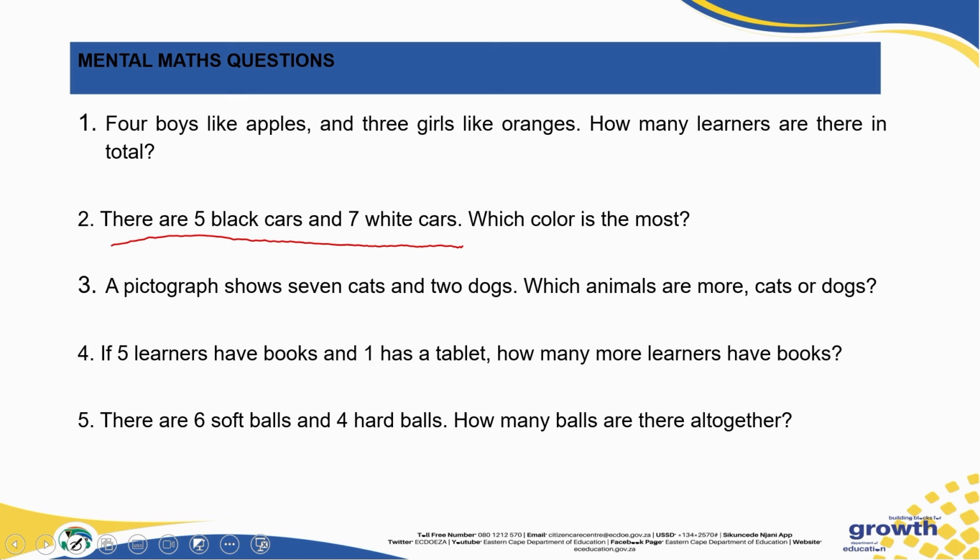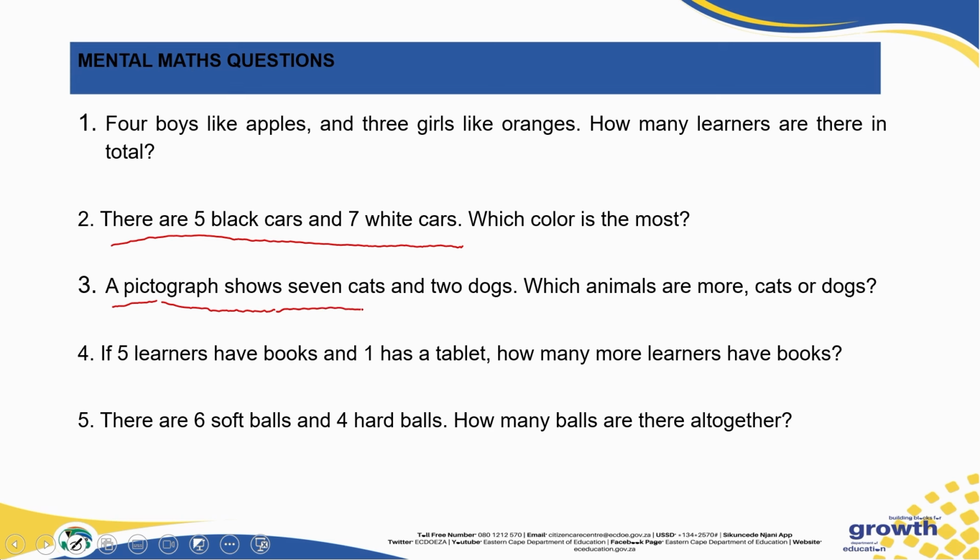Which color is the most? That's correct. It's white cars, because white cars are 7. If you compare 5 with 7, 7 is the most number of cars. Well done, grade ones. You are coming all right.